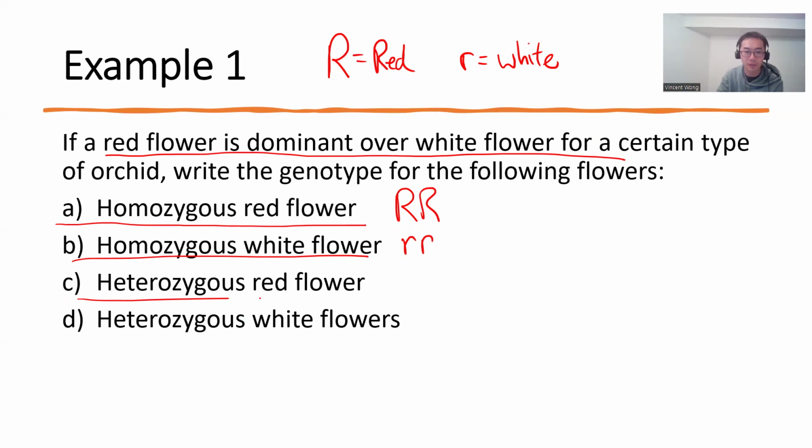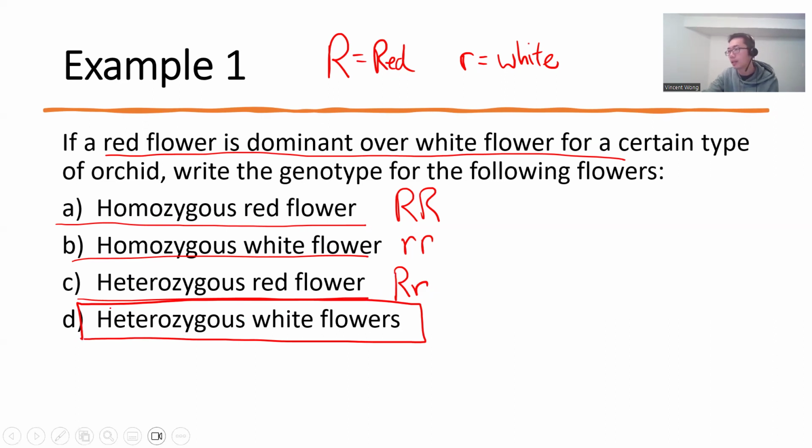Anyone else? Someone else for this one? Heterozygous red flower. Someone who hasn't spoken yet in the class? Anyone? Or you can type it out if you want. What is heterozygous red flower? It's capital R, 1 and small r. That's right, big R, small r. Yeah, very good. What about heterozygous white flower? Anybody?